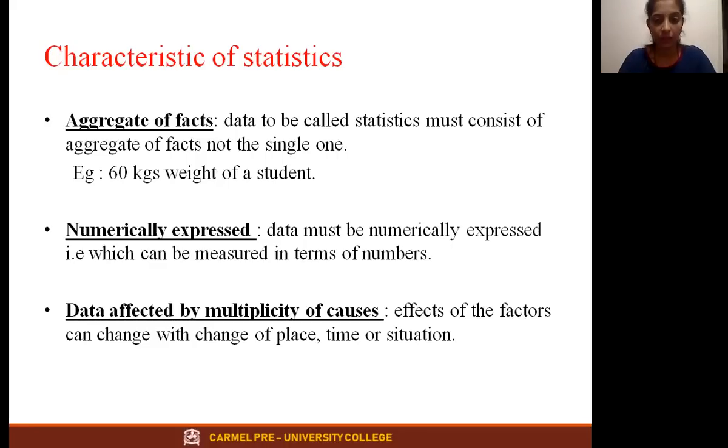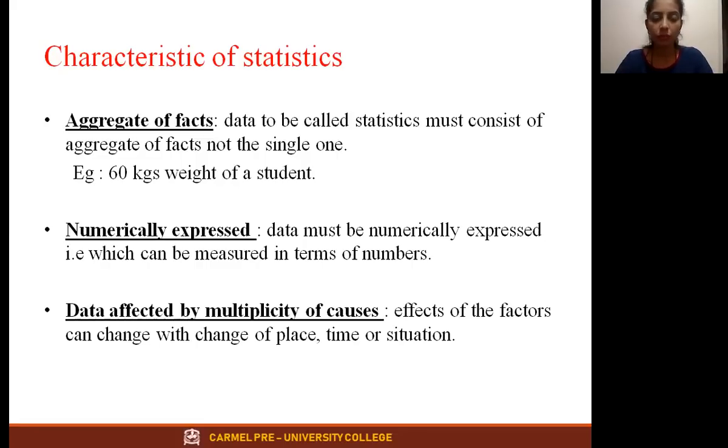Statistics, when you take, for example, a class of first PUC, B section, C section and D section, the total weight of all the students, we can call it statistics. Statistics of each class differs from one to another. So that is called aggregate of facts. Then we can call it statistics. A single fact cannot be called statistics.